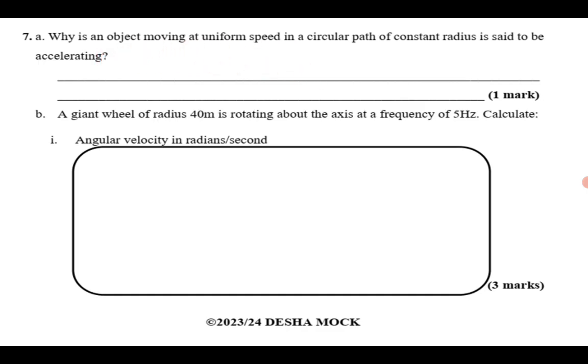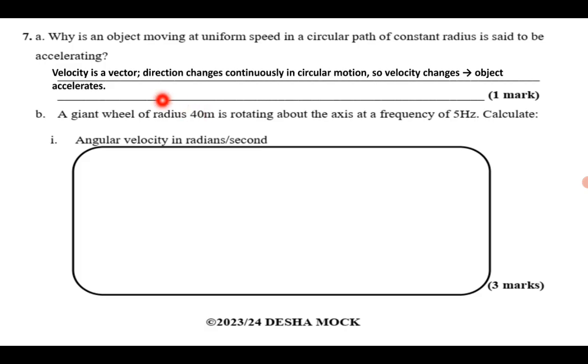So a body moving in a circular path is considered to be accelerating simply because the velocity of the body, which is a vector, changes continuously in a circular path. It keeps changing. So velocity changing leads to an object accelerating. So we are saying its velocity changes continuously in a circular motion.